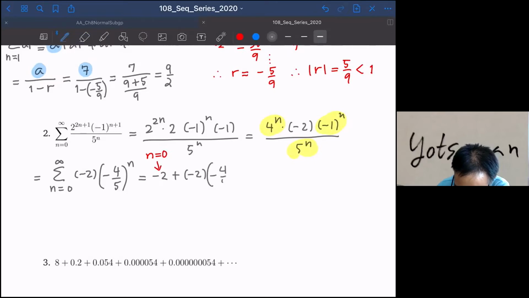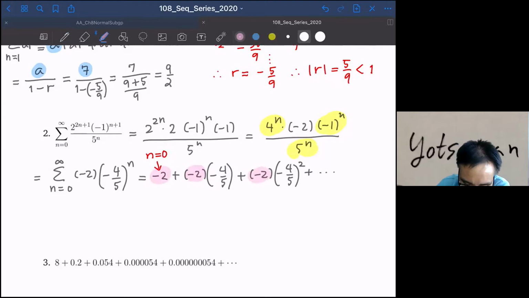Negative 4/5, and you have negative 2, negative 4/5 squared, and so on. So you have A and you have R. For this one, n equal to 0, n equal to 1, n equal to 2.